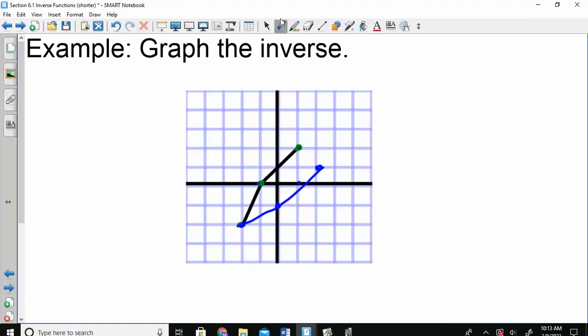So my blue line here is the inverse. If you graph the line y equals x, it goes straight through the middle. So you can kind of check that. Is that okay?